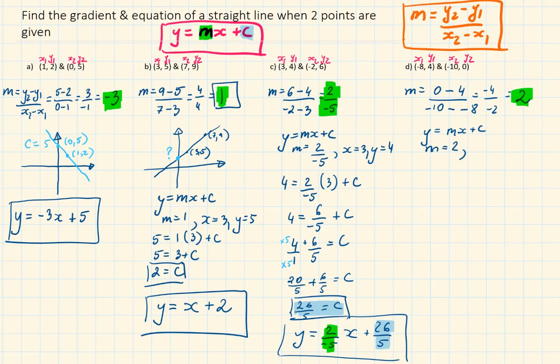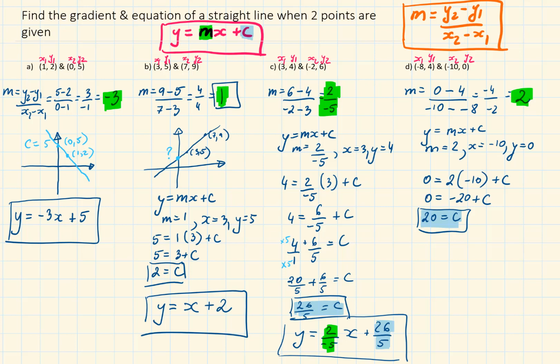M is equal to 2. X is equal to minus 10. And when x is minus 10, y is equal to 0. Let's substitute the values. We have 0 equals 2 times minus 10 plus c. 0 equals minus 20 plus c. We add 20 to both sides and we have our c.